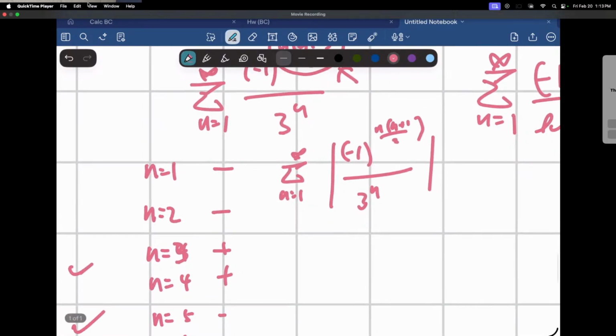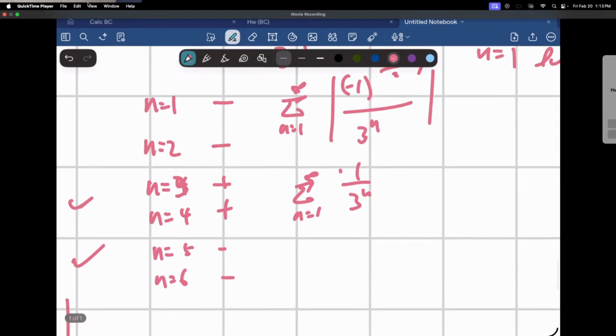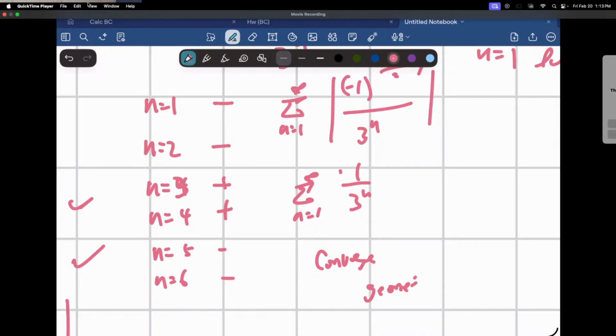So if you do that, there's gonna be summation of n equal to 1, infinity of 1 over 3 to the n. And this is a geometric series, this converges due to geometric series. You have to write it down on a test. Which kind of series is this? You cannot just say this.